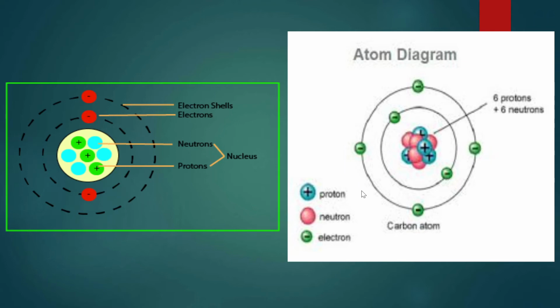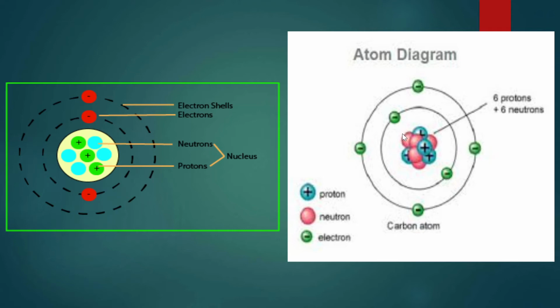Now coming to the right hand side, that is the diagram of a carbon atom. We all know that the atomic number of carbon is 6. That is, it has 6 protons and 6 neutrons, 6 positive charges in the nucleus and 6 negative charges around the nucleus. And there are 6 chargeless particles which are neutrons in the nucleus.